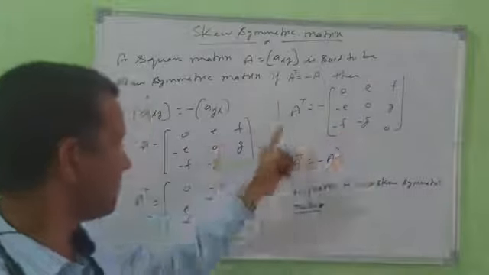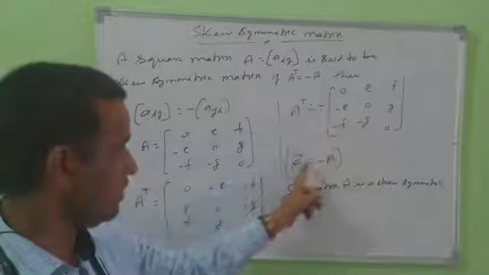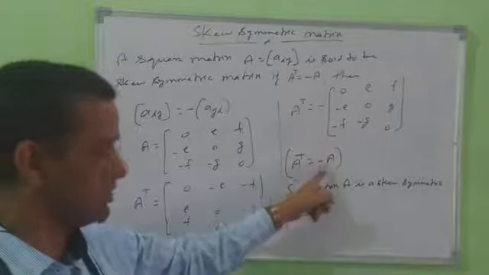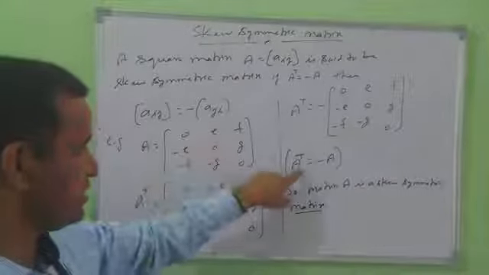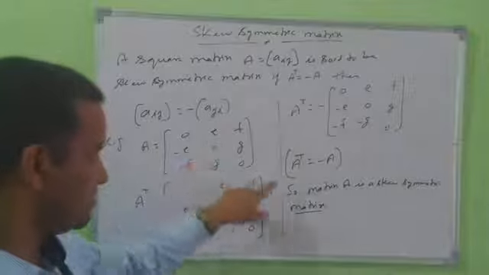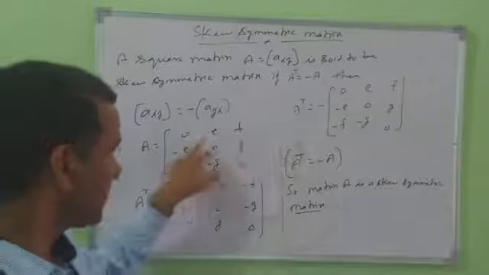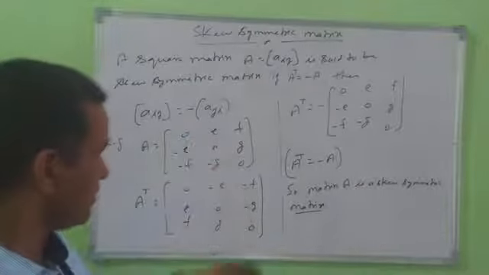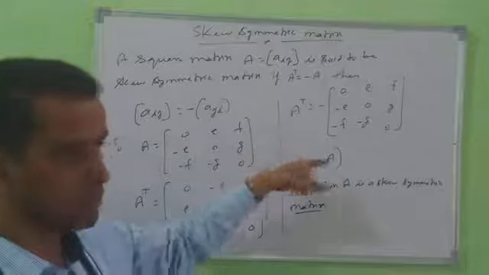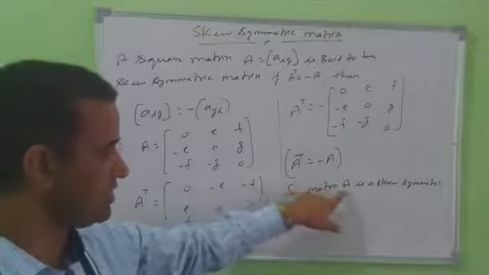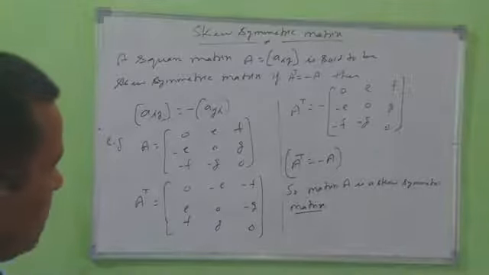So both matrices are the same. It means that when taking the minus sign common, A transpose equals minus A. Then you can say matrix A is a skew symmetric matrix. Just note this down; the next part we will solve.